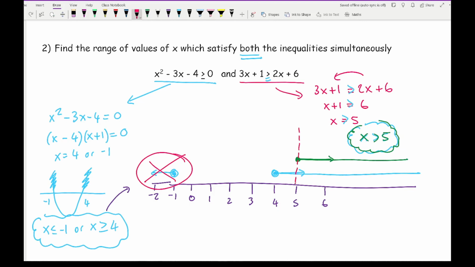So my final answer, let me do that in a different colour. The final answer for the range of values that satisfy both these two inequalities is where x has got to be greater than 5, and there is my final answer.